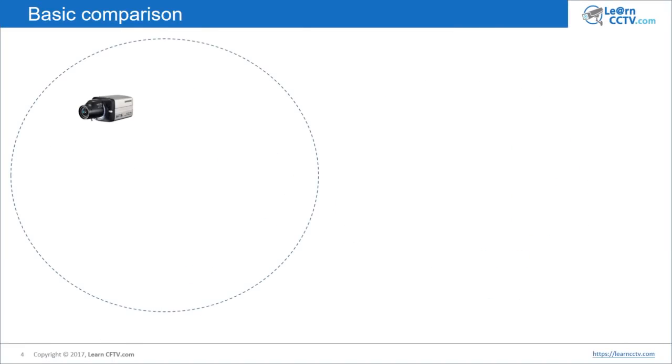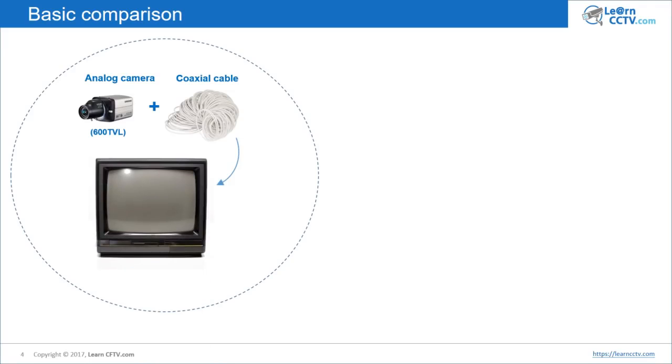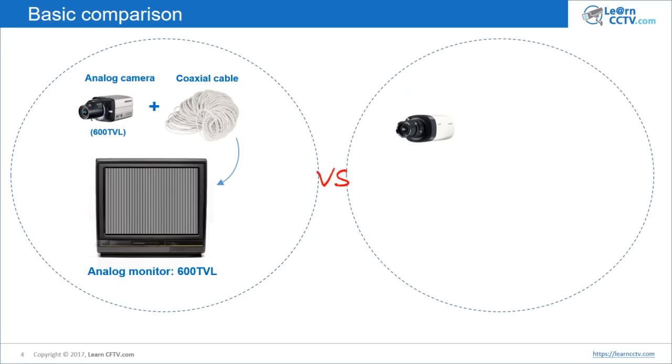When you have an analog camera with 600 TV lines, and then you have your cable, a coaxial cable, and then you connect to a monitor. This monitor must also have 600 TV lines or higher resolution to be compatible with your camera. And then you compare this to a system that's digital.